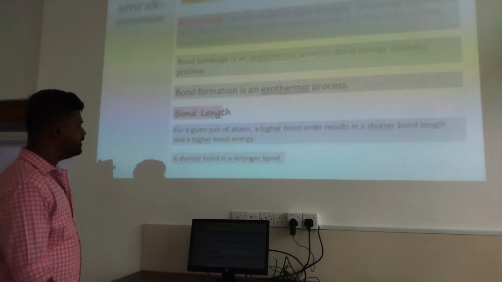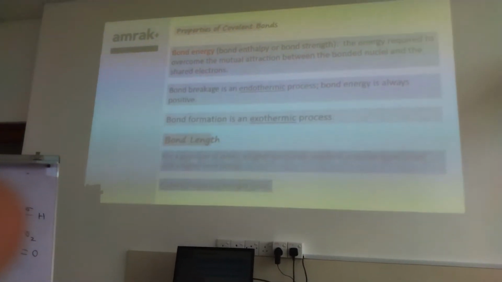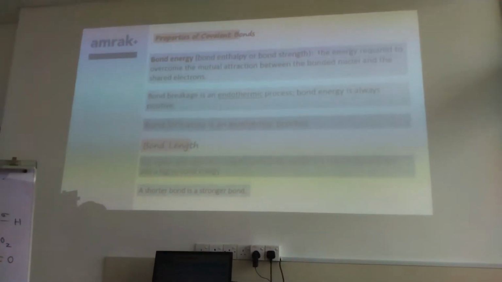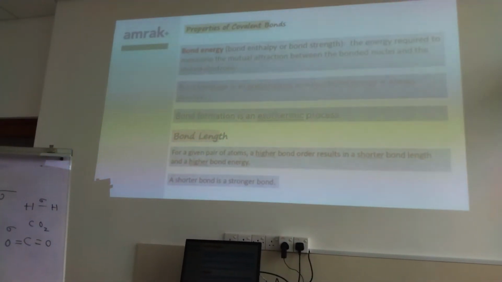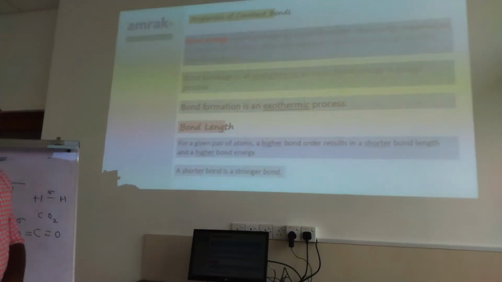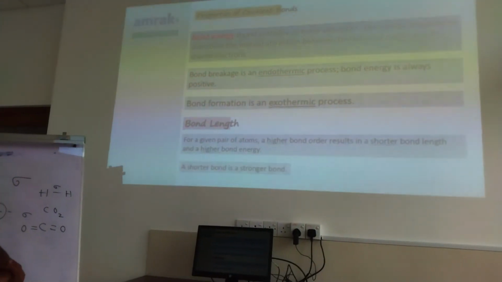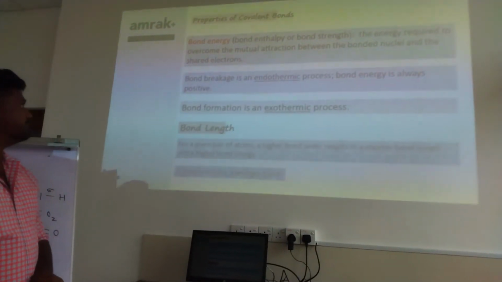Okay, now properties of covalent bonds. Because of the covalent bond, what are the properties it gains? So the bond energy, bond enthalpy or bond strength. Enthalpy is again energy, right? Bond strength is the energy required to overcome the mutual attraction between the bonded nuclei and the shared electrons.